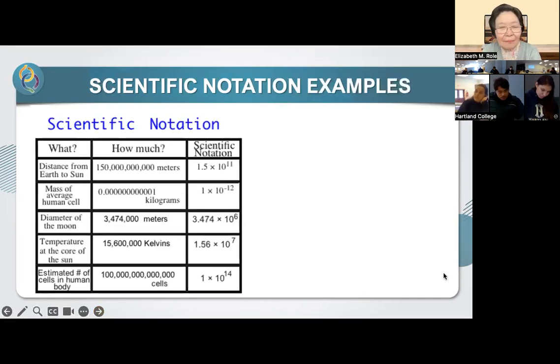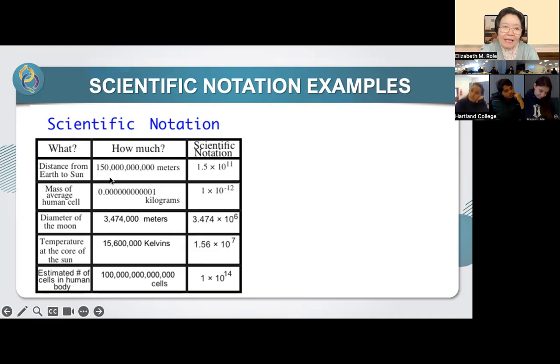So some examples: the distance from Earth to the Sun is 150 billion meters. So I think you know what to do. You put a decimal point such that you get a number between 1 and 10, 1.5, and then count the number of places from that decimal point.